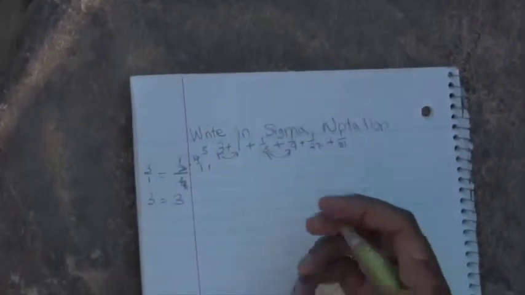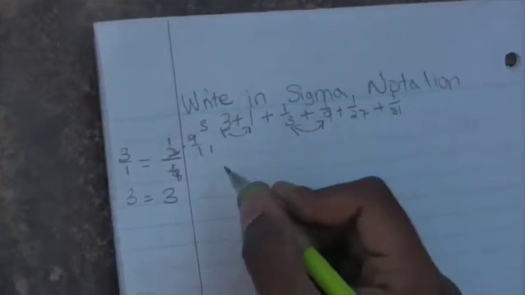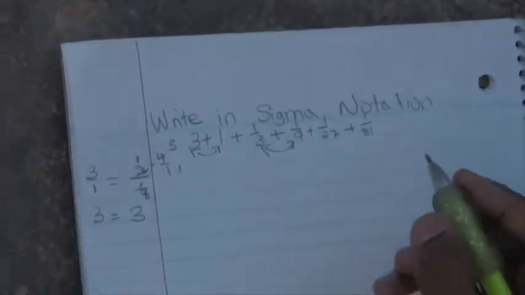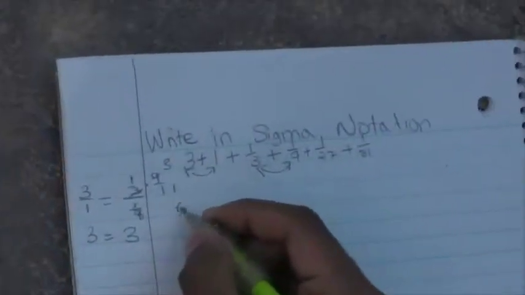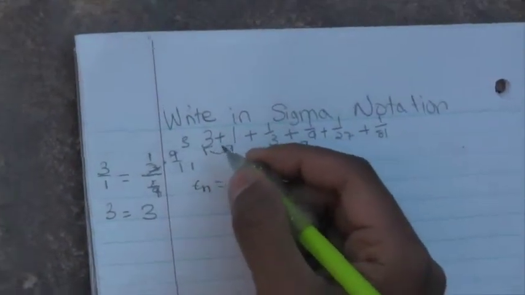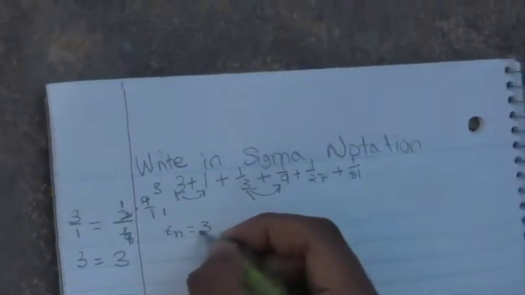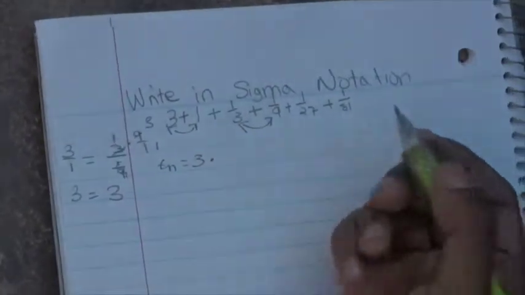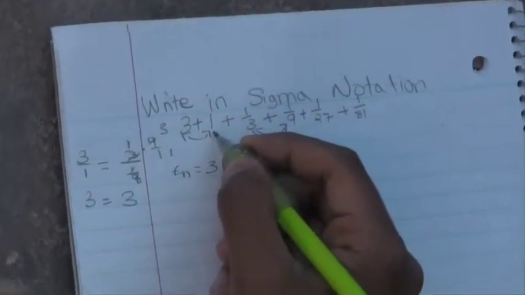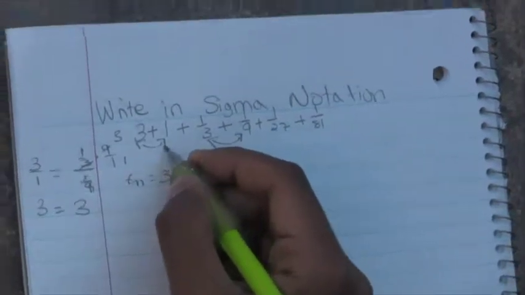So because of that, we can find the equation for it. So all we have to do is find the first term. So t of n is equal to the first term, which is obviously 3, times the ratio, and the way you would find that is basically just this term divided by this term, or this term divided by this term.